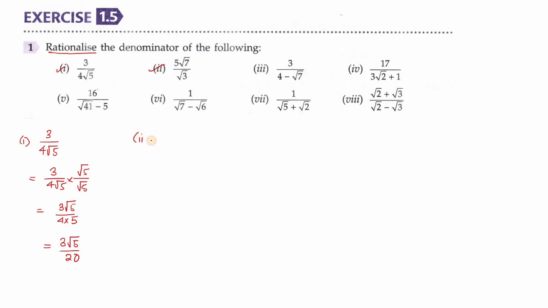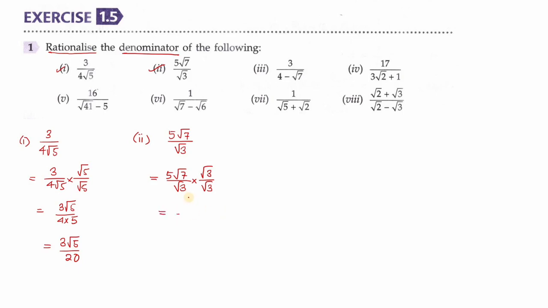In the second one we have 5 root 7 by root 3. You see, we are interested only in the denominators. In the denominator we have root 3. If you want to remove the square root sign from the denominator, obviously you will multiply it by root 3, and you have to multiply the numerator as well.